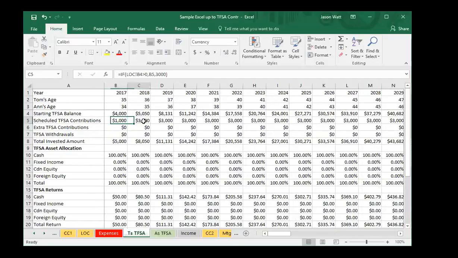And so if the line of credit balance is greater than 0, oh, sorry, I don't necessarily have a line of credit there. I apologize, because I should do it if any debt is going to be greater than 0.